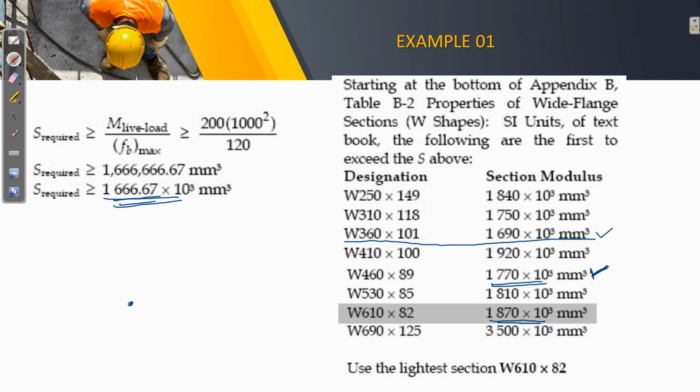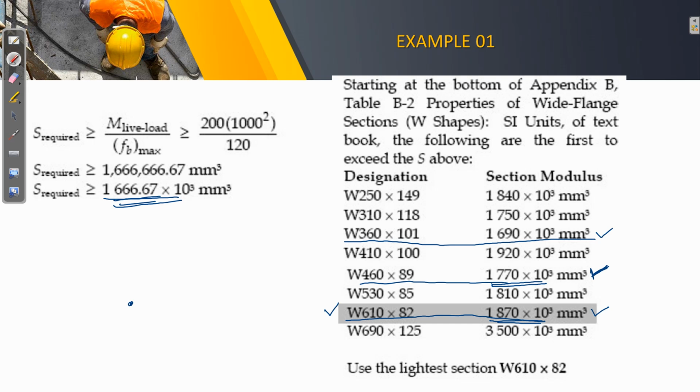Okay, as well as this section and this section. So actually these three could be your section, but the most economic section out of these three is this one.